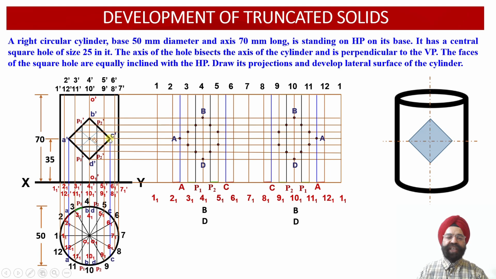And finally the last point is C dash. Corresponding to point C dash, we have drawn a horizontal projector line, the central one.